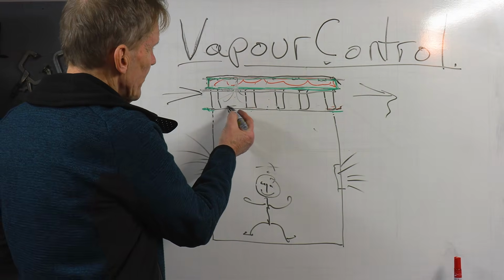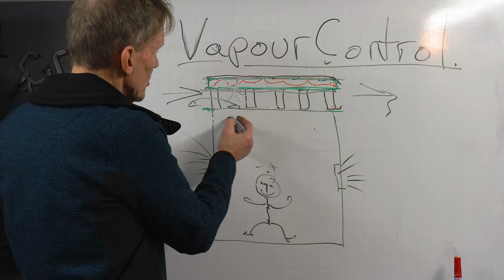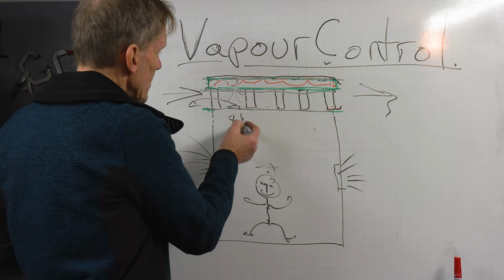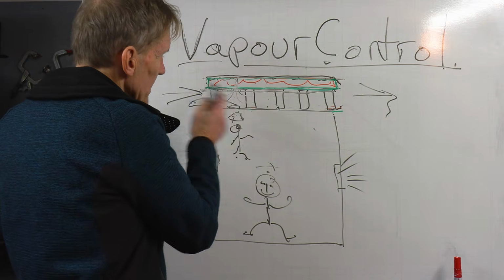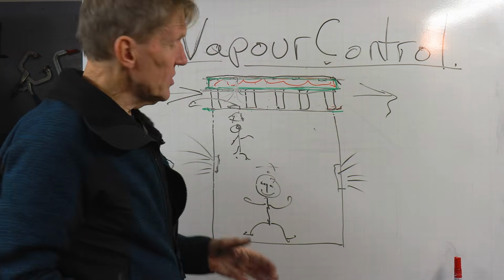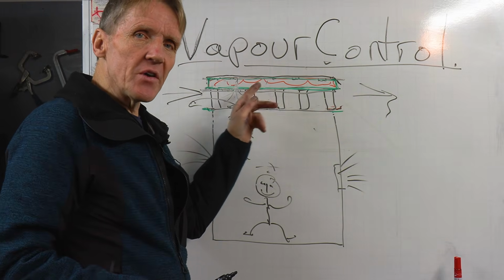You could have an extractor fan in there if you liked, with the ducting that went out there, but whatever it is, you've got a shower upstairs, you definitely need one in there. You just let all the moisture escape, and the more you can do to get rid of the moisture at source, the less problem you're going to have here.